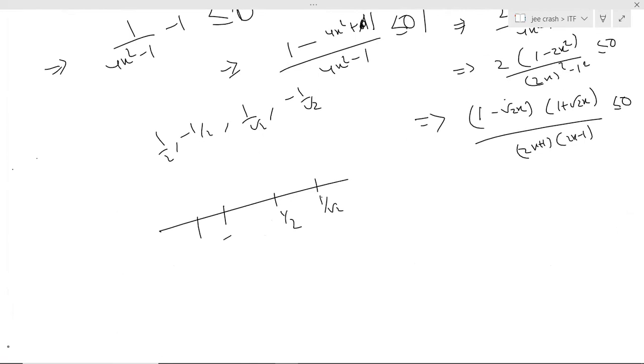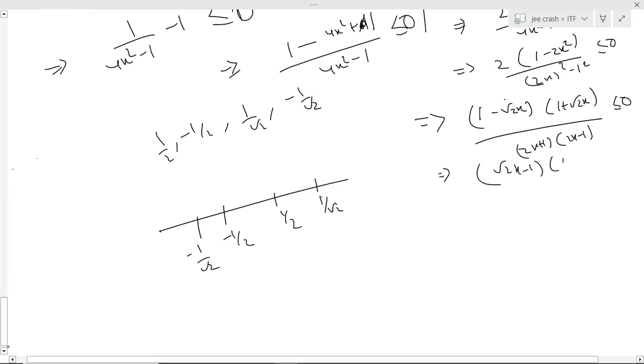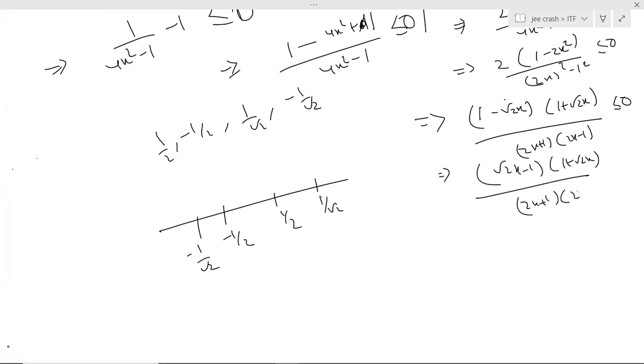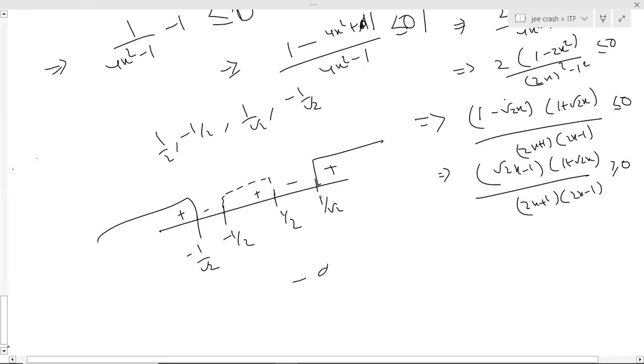This will be half, minus 1 upon root 2. And let's make this coefficient positive and change the sign. Then our life will be easy. Plus, minus, plus, minus, plus. So this part and this part are all the solution. Minus infinite to minus 1 upon root 2.